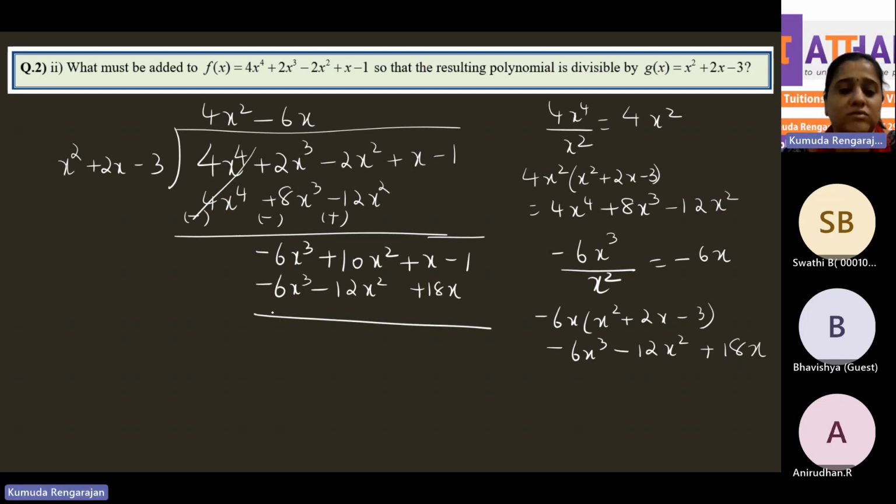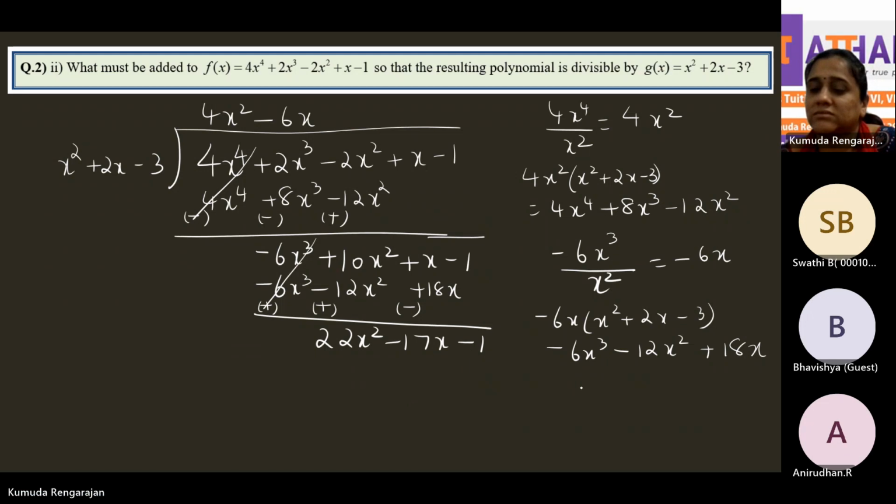Change the signs now. So plus 22x squared minus 17x minus 1.